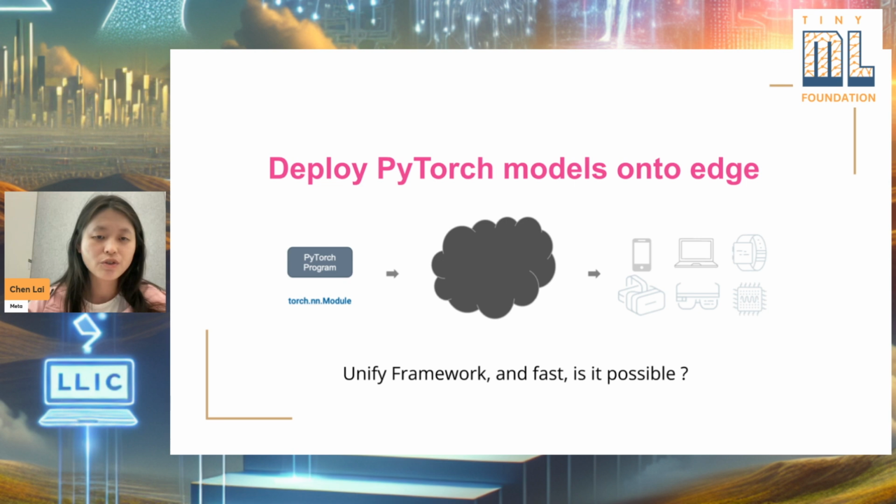This often leads to fragmented ad hoc solutions. So, can we apply a unified edge framework to generative AI systems while remaining performant? ExecuTorch is our answer, and I will introduce it shortly.